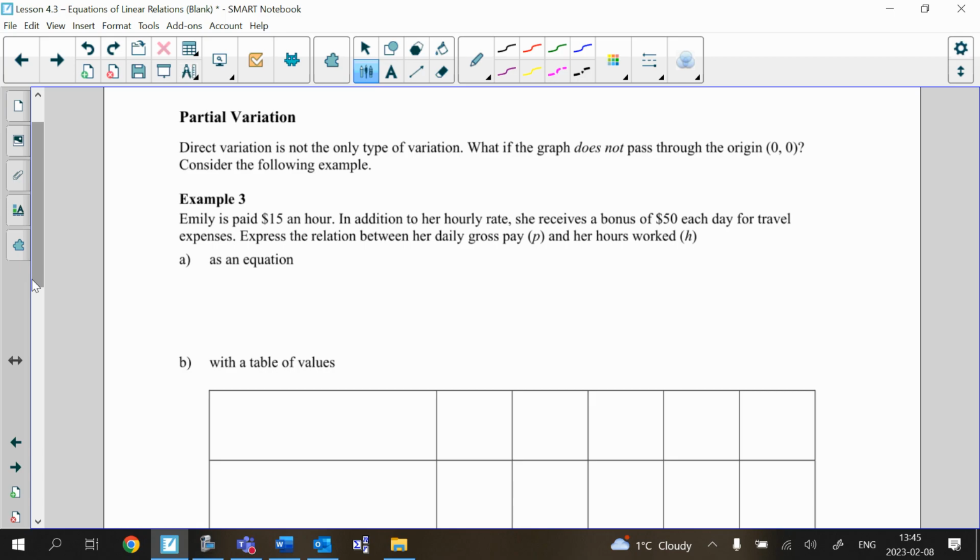But now she gets an additional $50 a day. So not only does she get paid the 15 bucks, she gets 50 bucks as well. This is a partial variation because we've added something to it. And when we graph it, we're going to see it doesn't go through 0, 0.